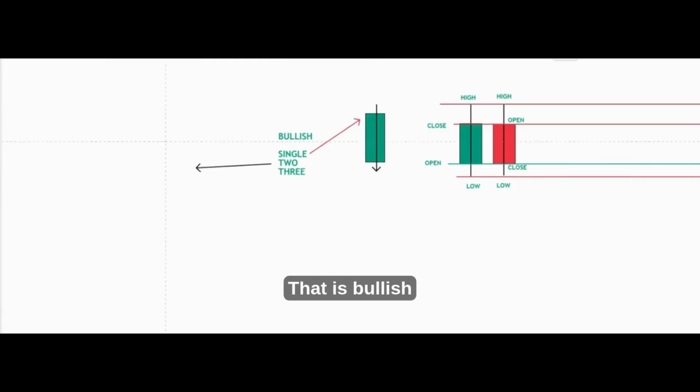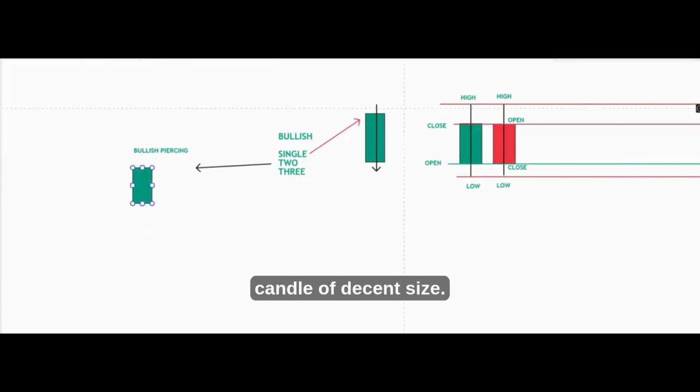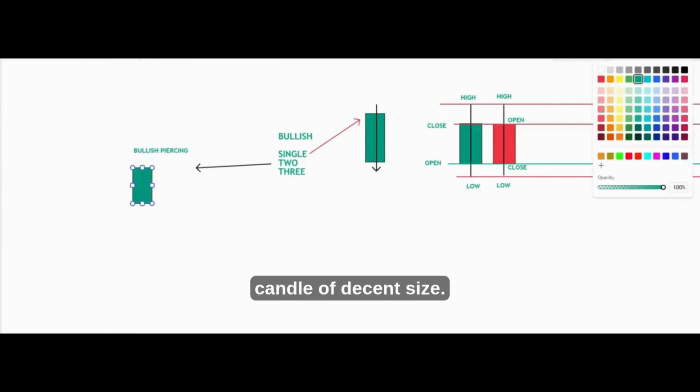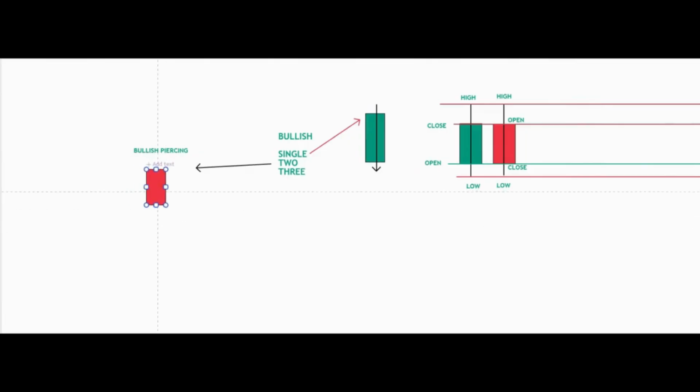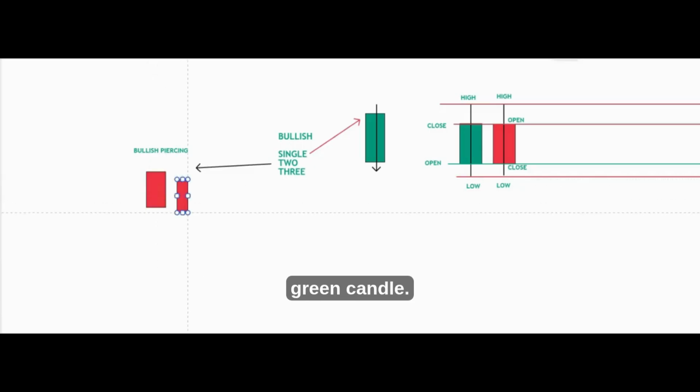That is bullish piercing. Here the condition is that first there should be a red candle of decent size, and then again there should be a green candle.